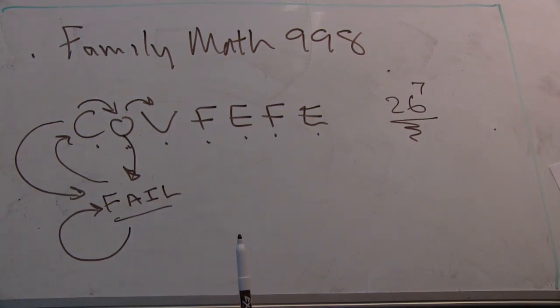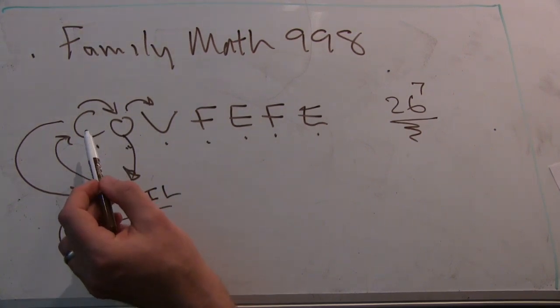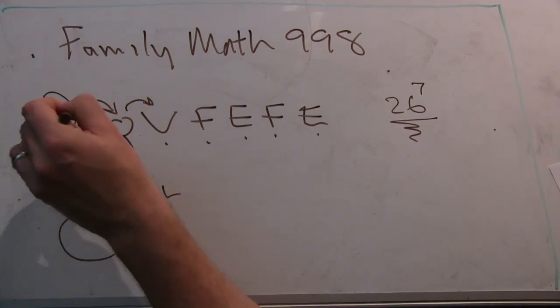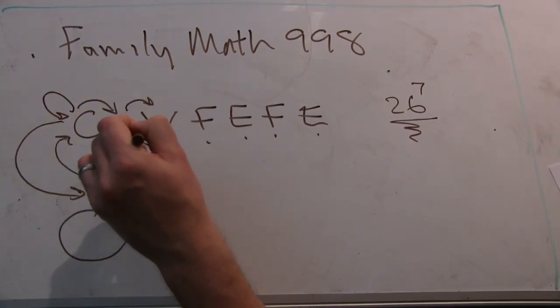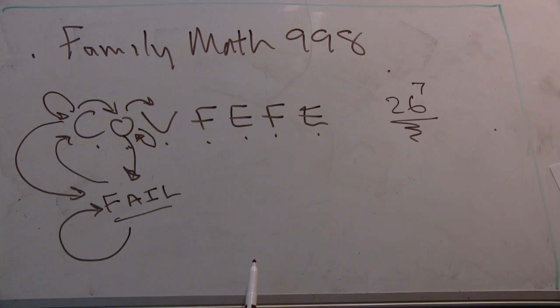Well, there's no C in any other part of the word. That's right. But what happens if you type a C when you're at C? You stay at the first stage. Yeah, you're back to the first stage.